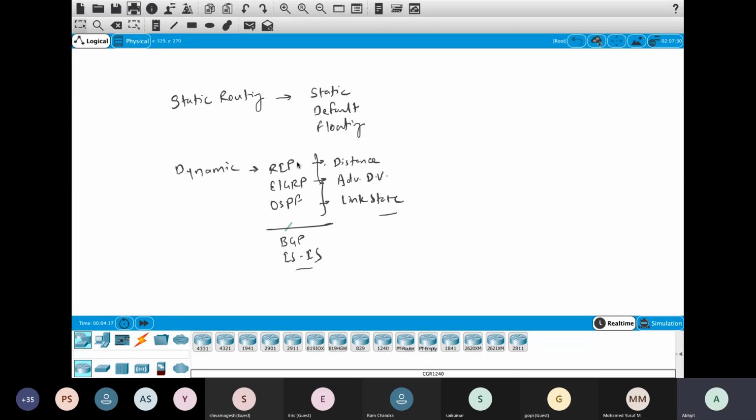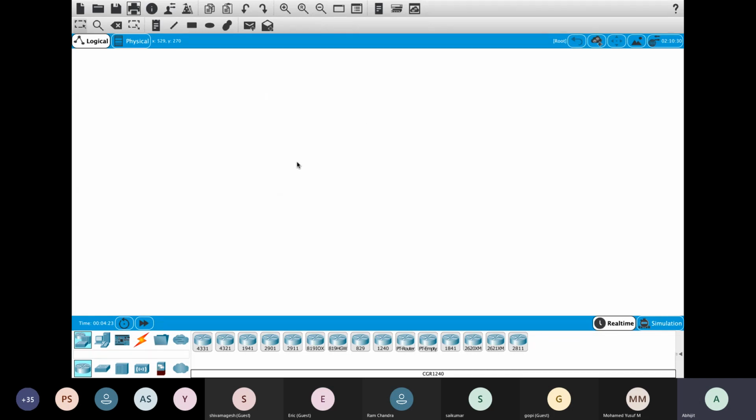When we talk about Routing Information Protocol, it is about how you can exchange routes. For example, if you have a router 1 and a router 2, and router 1 has connectivity to certain local area networks, you have networks like 192.168.1.0 here, 192.168.2.0 there, and 192.168.3.0 there.